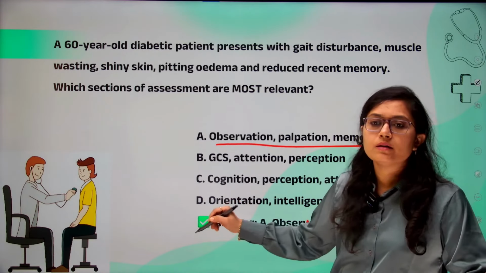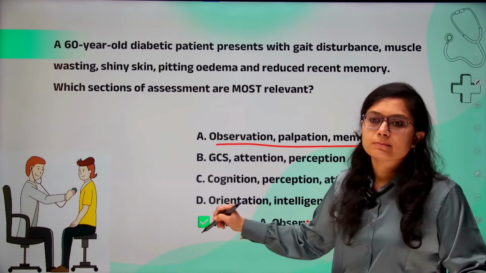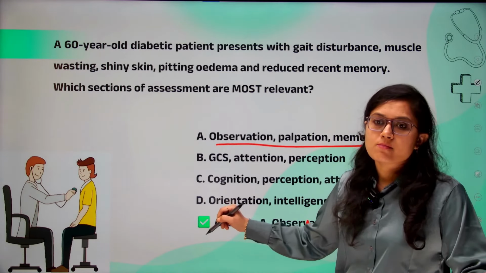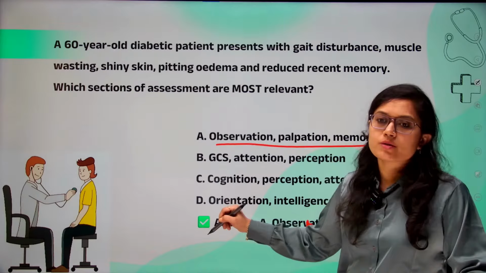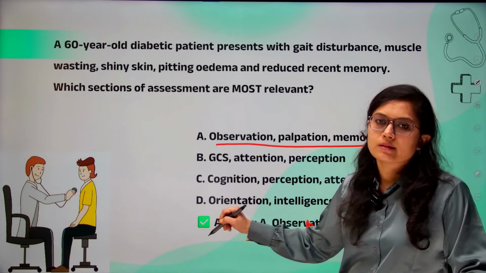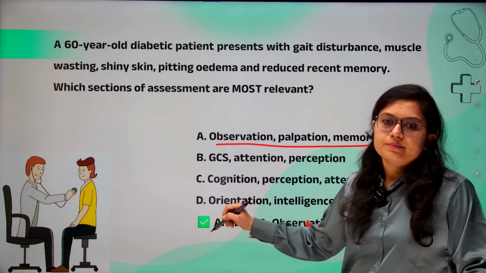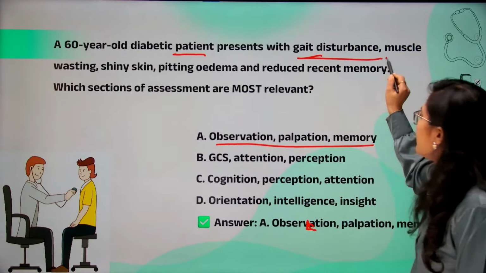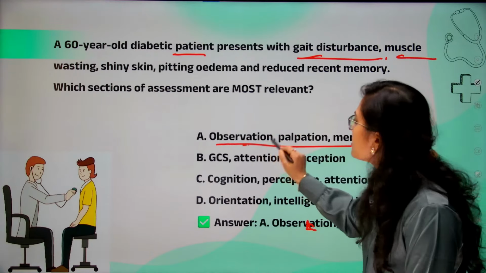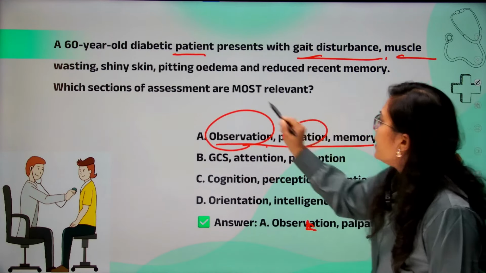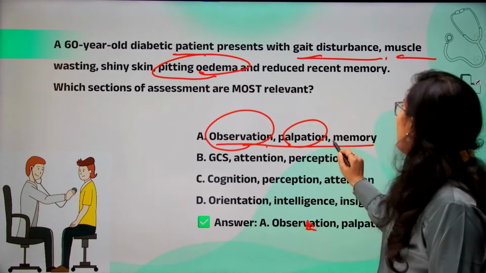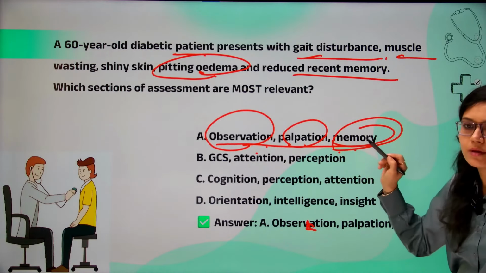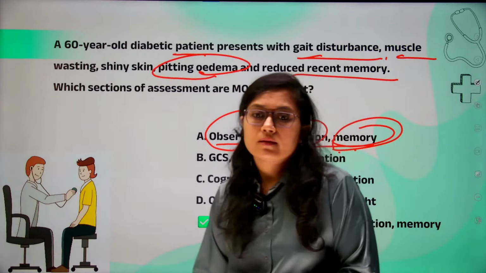So what could be the proper answer? Which assessment portions are most important in this case? Answer A, because the patient is diabetic, having gait disturbances and wasting. So all this comes under observation, edema comes under palpation, and reduced recent memory comes under memory. So observation, palpation, memory. The correct option is A. Nice.